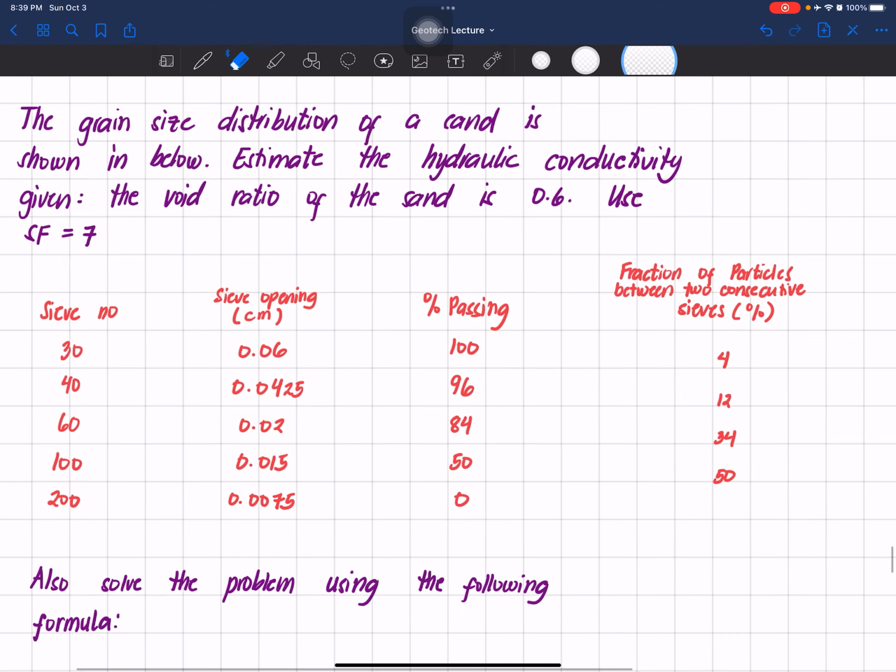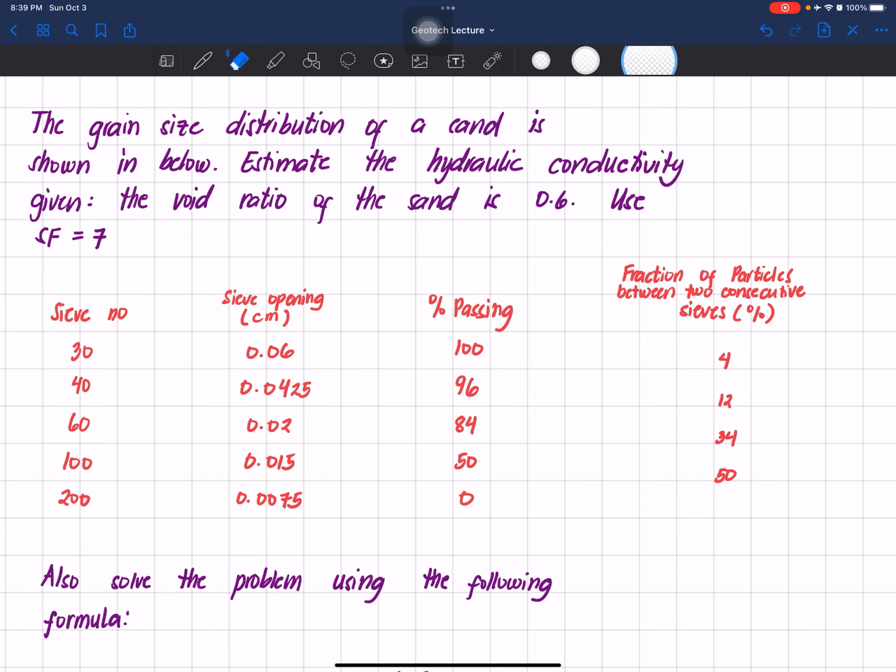Given here, this is how we compute Fi all over DLi raised to 0.404 times DSi raised to 0.595.